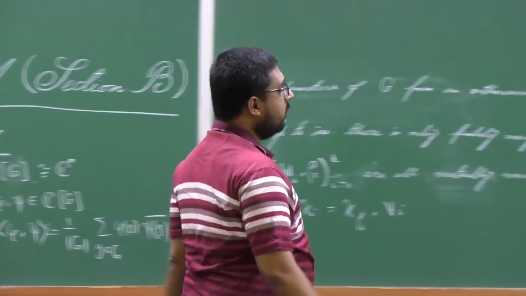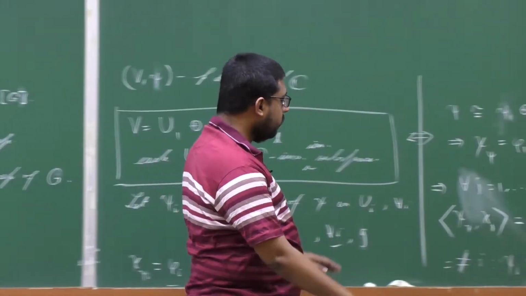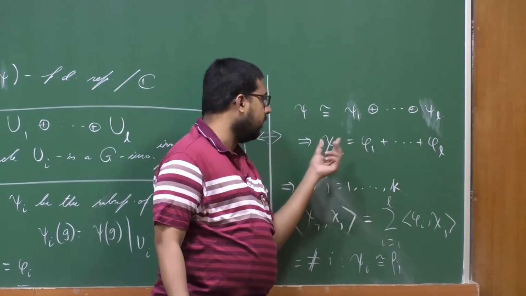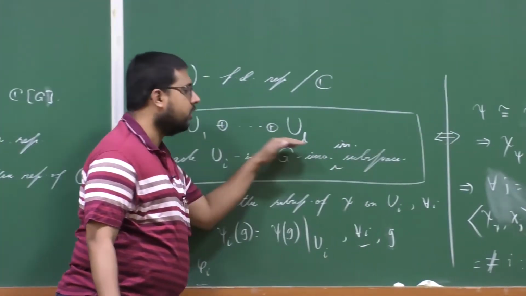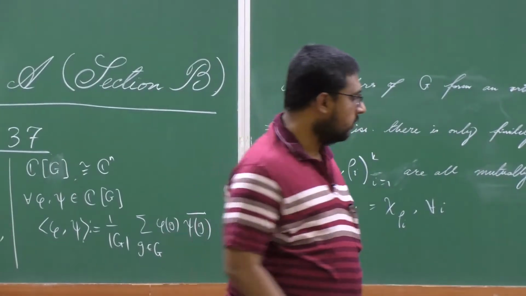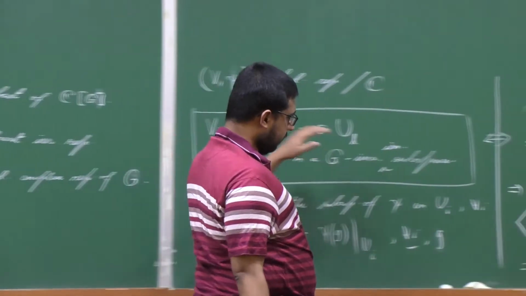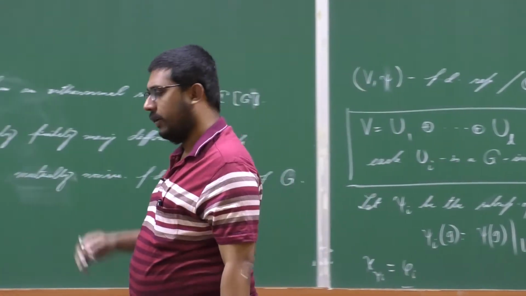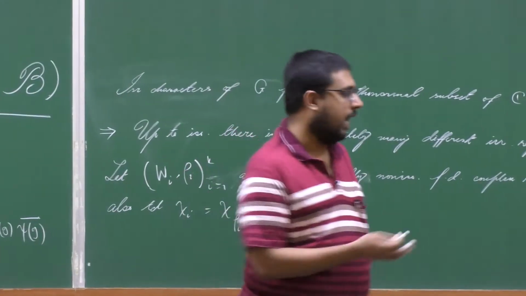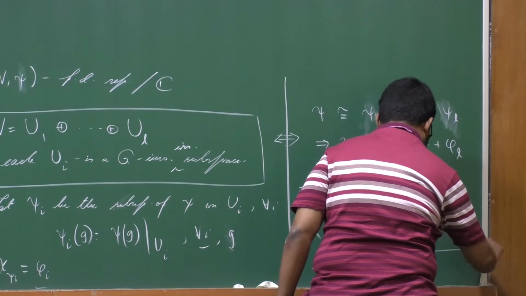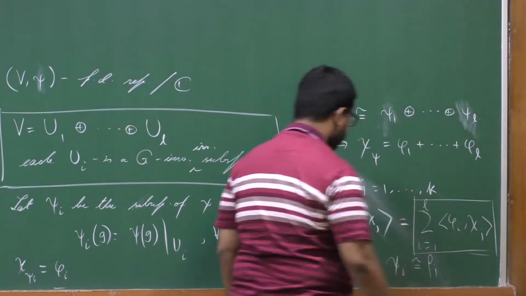So once we do this character consideration, in this decomposition, the number of subrepresentations isomorphic to the given rho j is there on the right hand side, right?